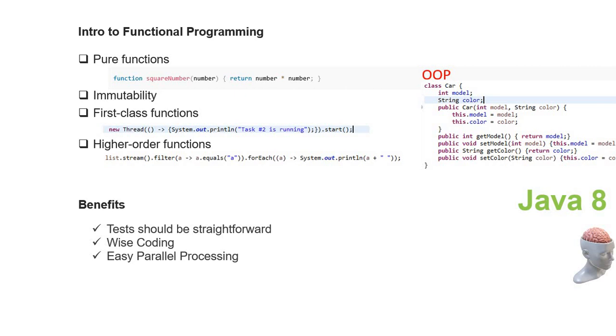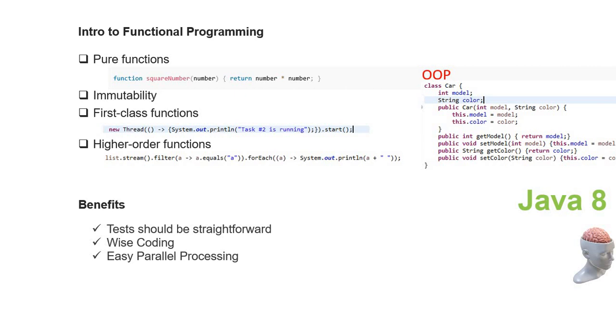Otherwise, OOPS has its own strengths like encapsulation, polymorphism, inheritance, and abstraction. Those are very critical for any application, so we cannot just convert all our code into functional programming.